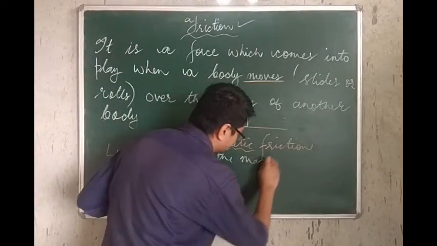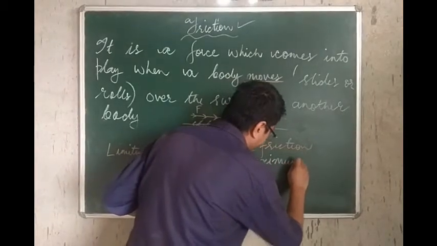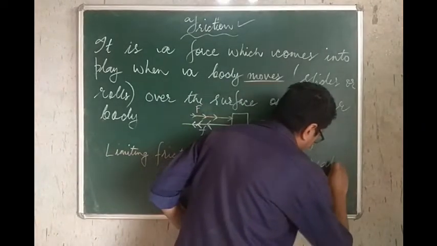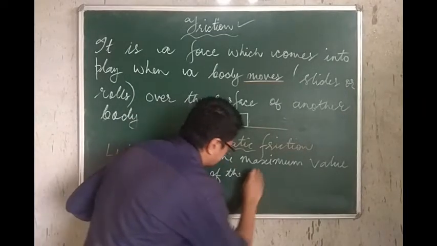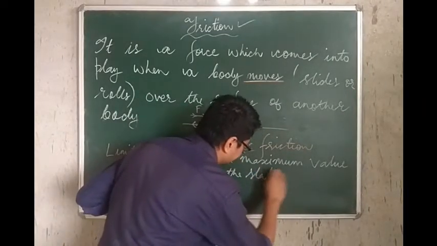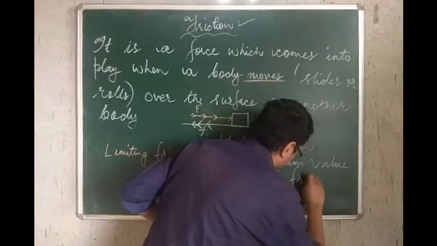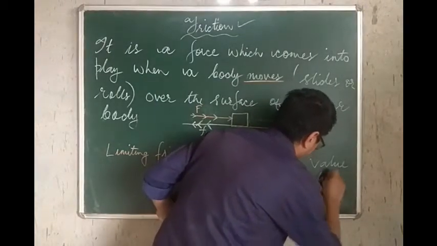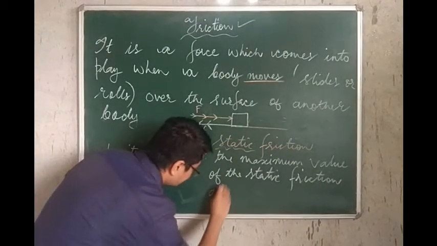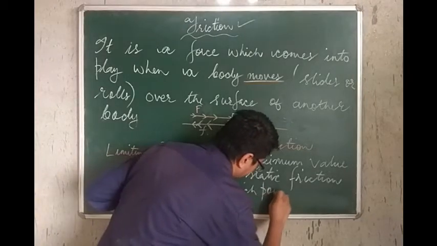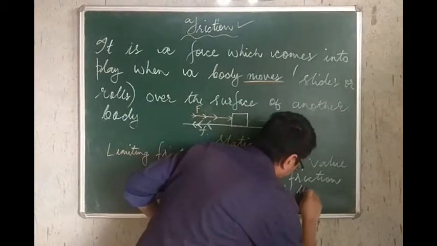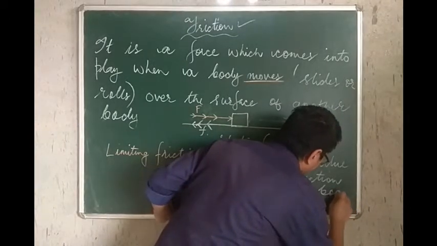The maximum value of the static friction at which point the body is on the verge of movement.